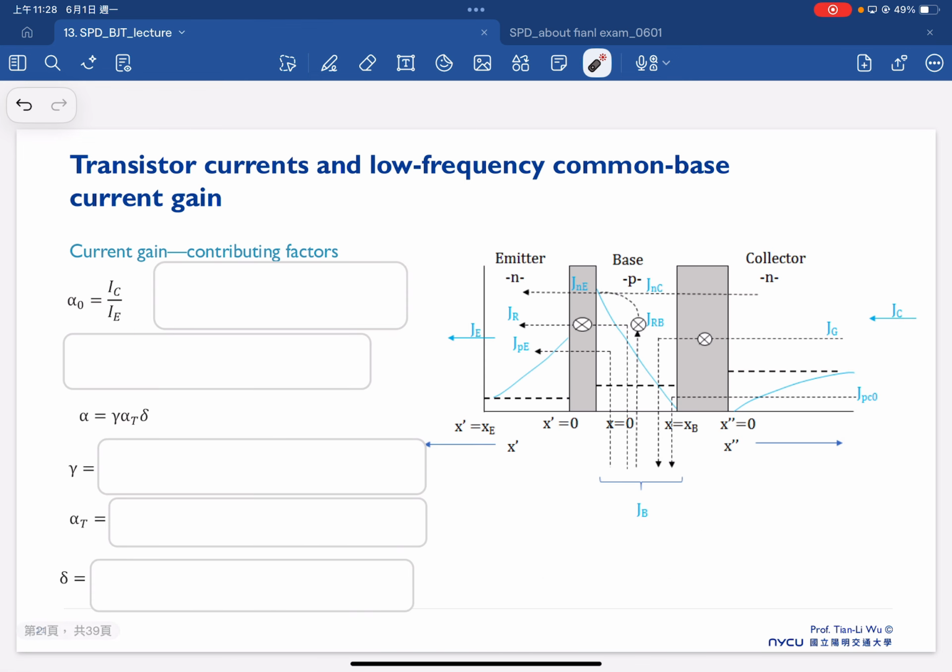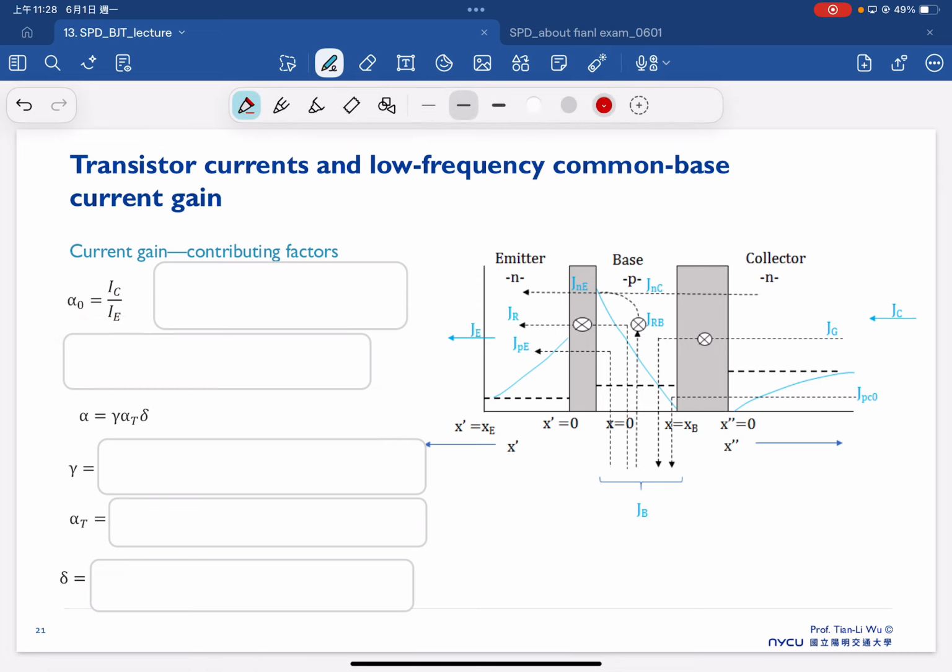Finally, this is more important, because right now we want to understand how to derive the common current gain here. So we have alpha 0, which we define as IC over IE.